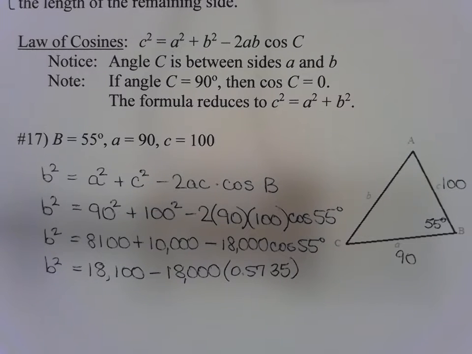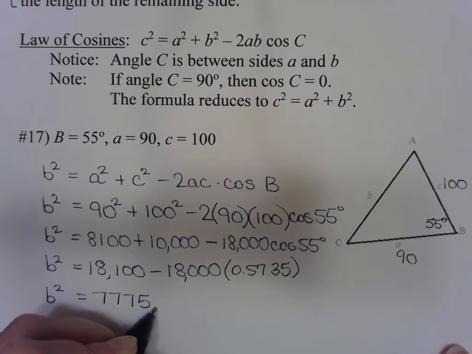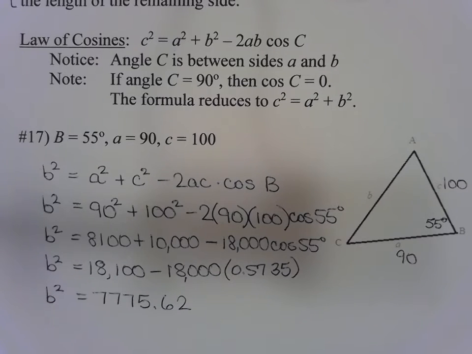I'm just going to leave that in my calculator without rounding it and multiply times 18,000 and then add 18,100 to that. And I'm going to get B squared is equal to 7775.62. If I take the square root of that number, looks like B is going to be 88.